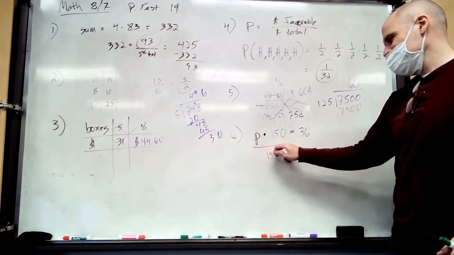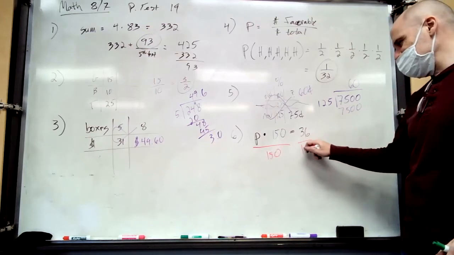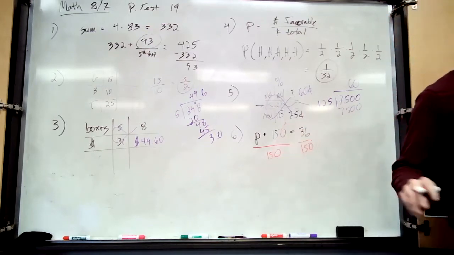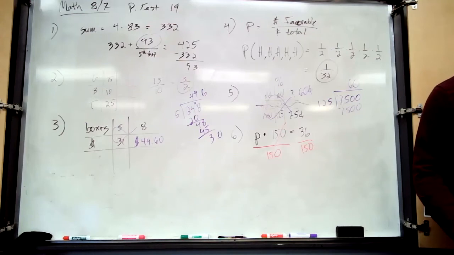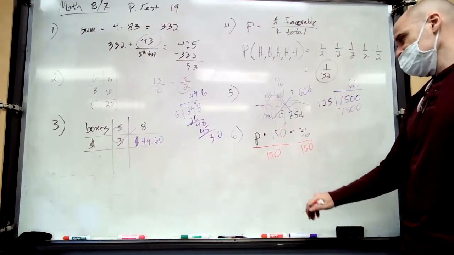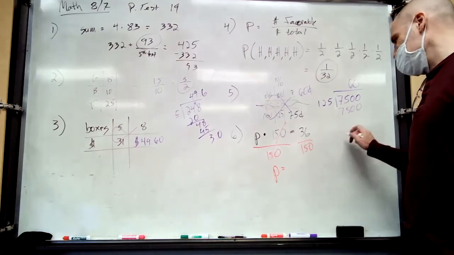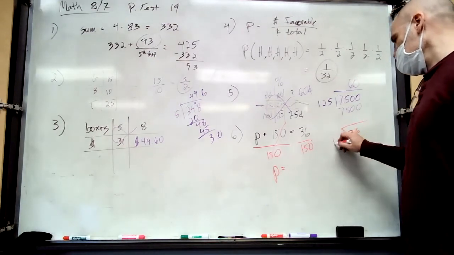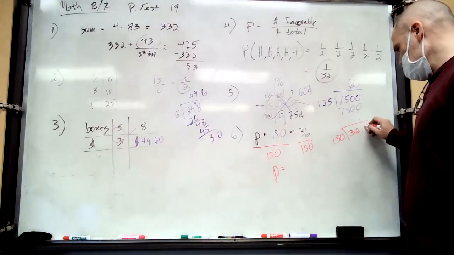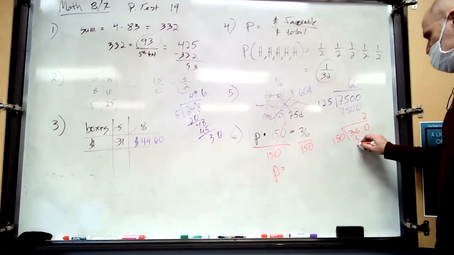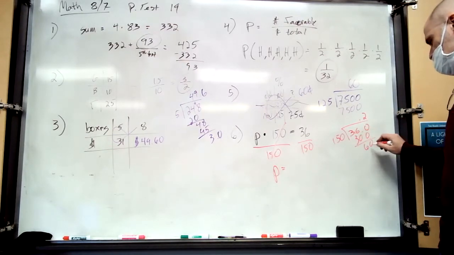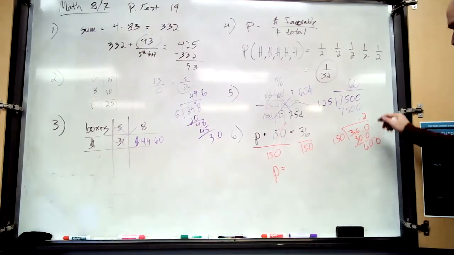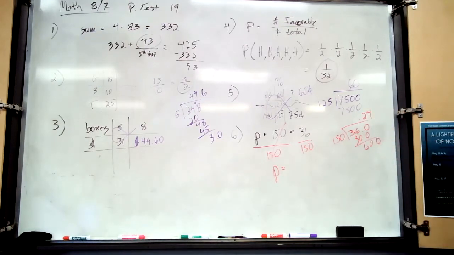So if you divide one side, you divide the other side. Don't forget to do that. This is solving an equation. So P equals 36 divided by 150. I need to add a decimal. That goes in 2 times. Bring down another 0. That goes in 4 times.